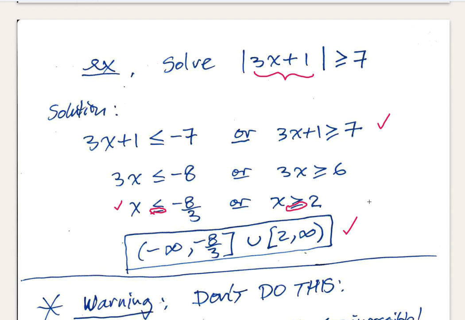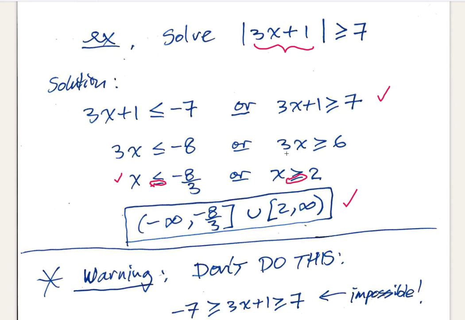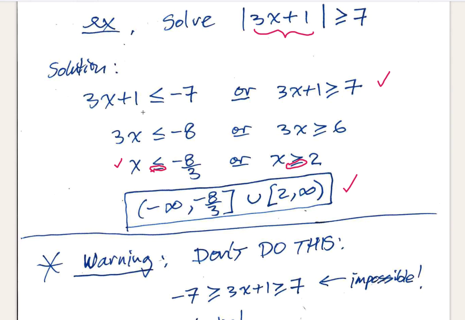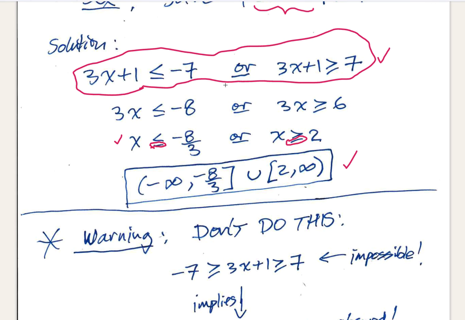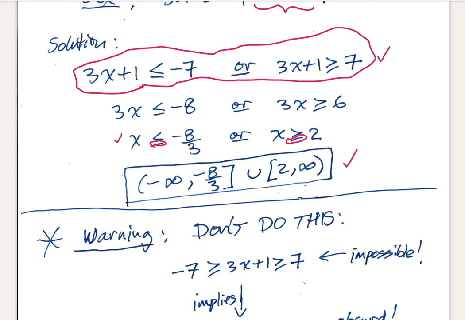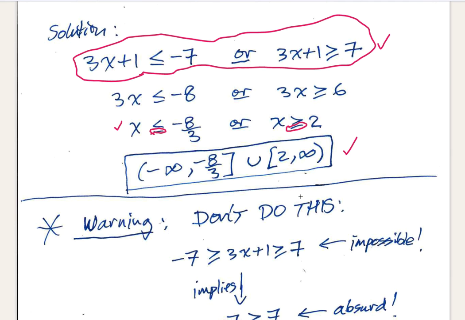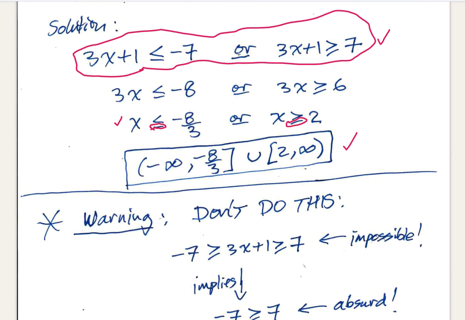In interval notation. Now, just a little warning up here. Now, let me circle this in here. You've got to write something like this to get the correct solution. Now, I've seen students do this before, and this is nonsense, where they'll take these two inequalities and smash them together into a single double inequality without an or statement.